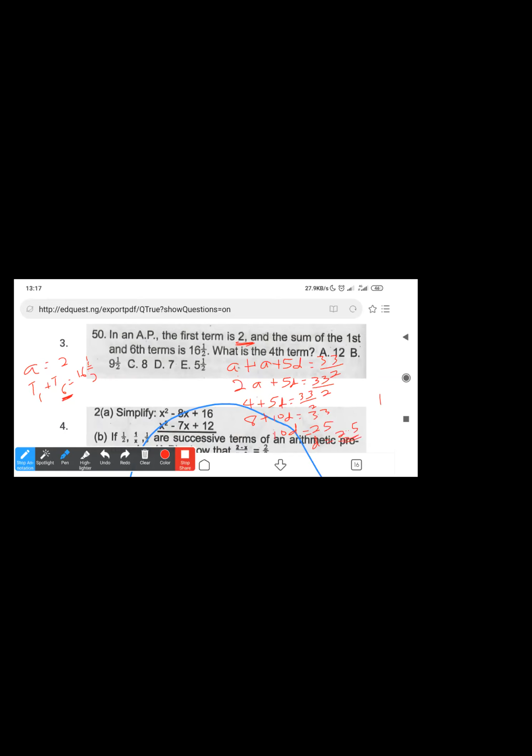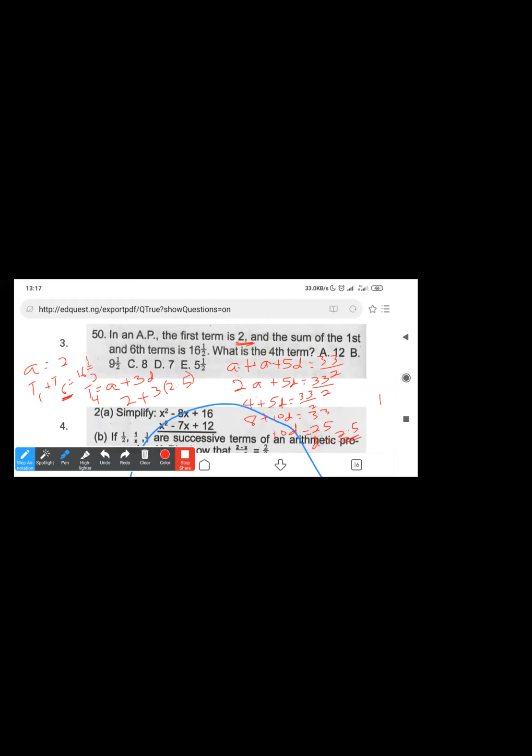So the question they ask is to find the fourth term. The fourth term would be A plus 3D. That's T4. A plus 3D. Our A has been given as 2, and we have 3 multiplied by our D, which is 2.5.